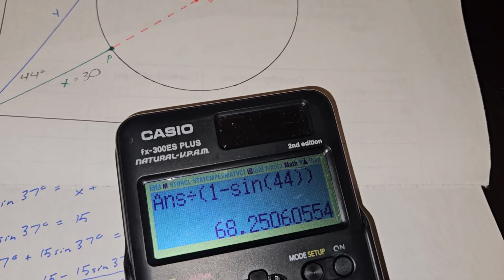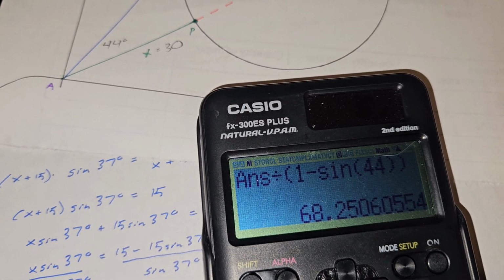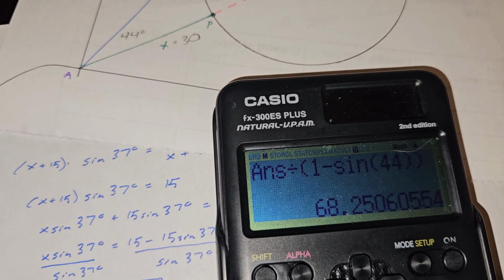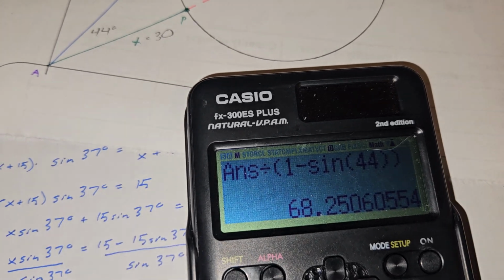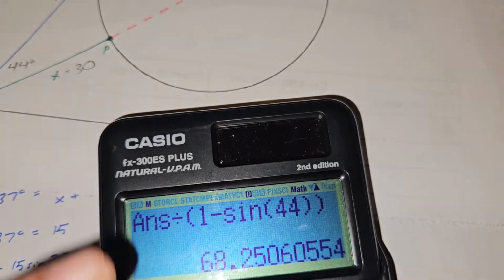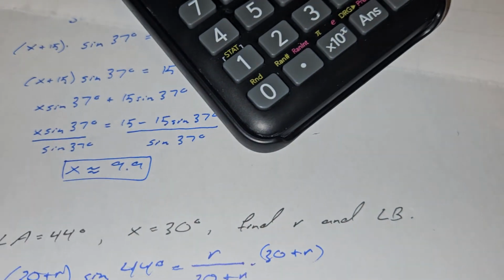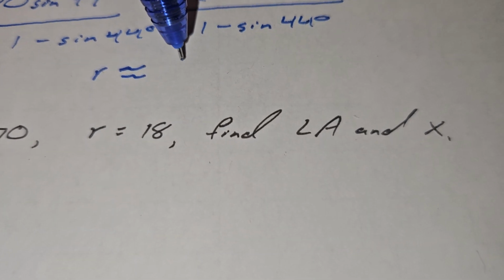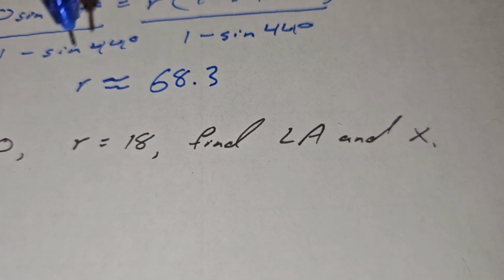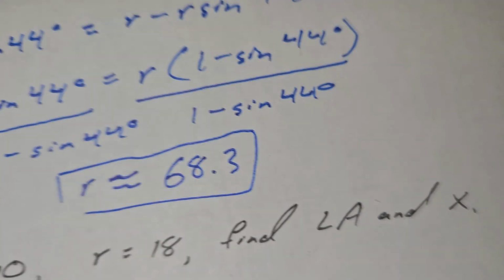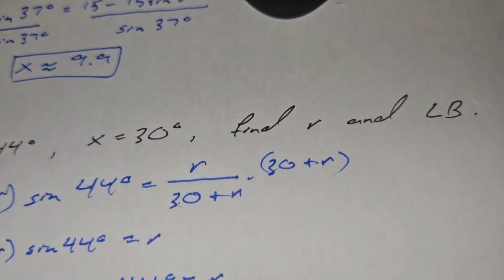That's going to give us r is roughly equal to, let's round to one decimal place, 68.3. R is roughly equal to 68.3. That's going to be our radius.